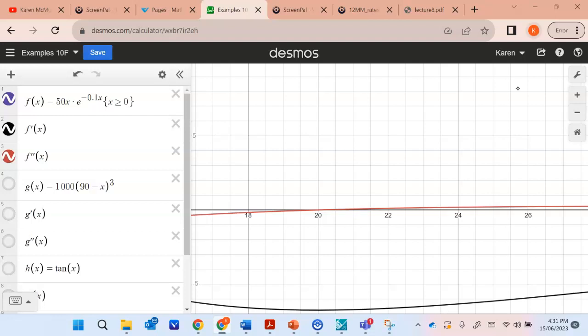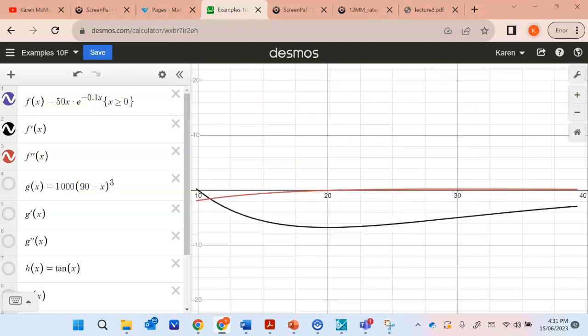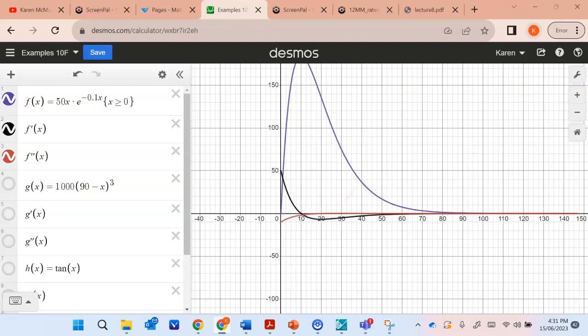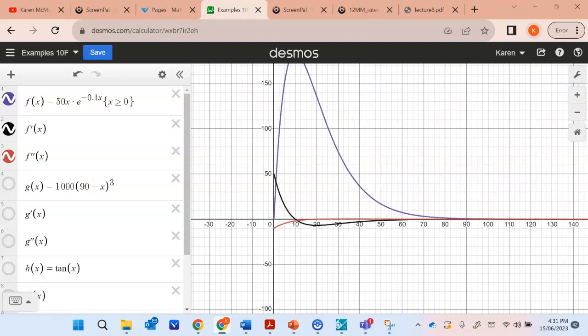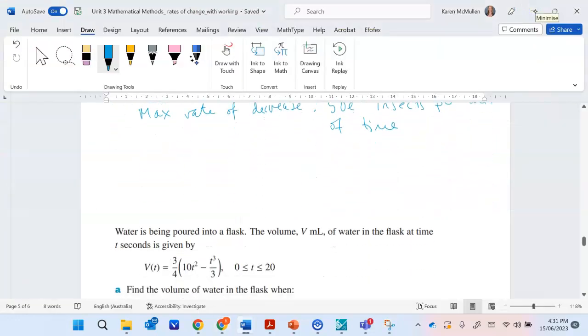That's the same as where our turning point is, the same theory as when you did the derivative. That also helps us find where there's an inflection point. An inflection point is when your graph goes from concave up to concave down. We'll talk about that in a bit more detail in a sec. Let's just do the next question.